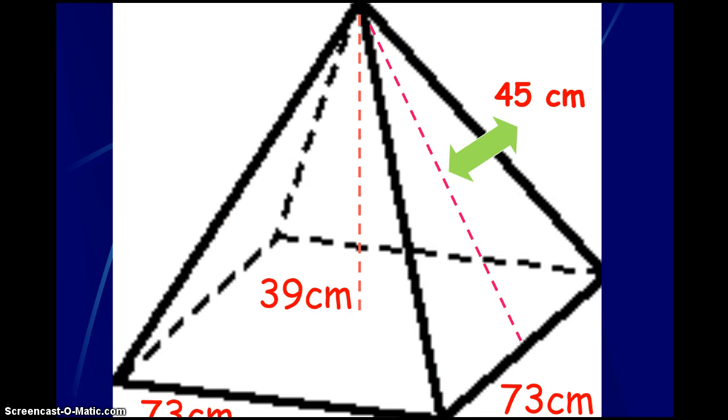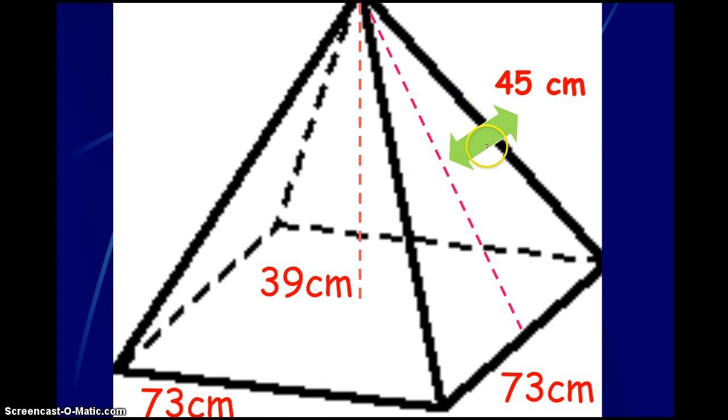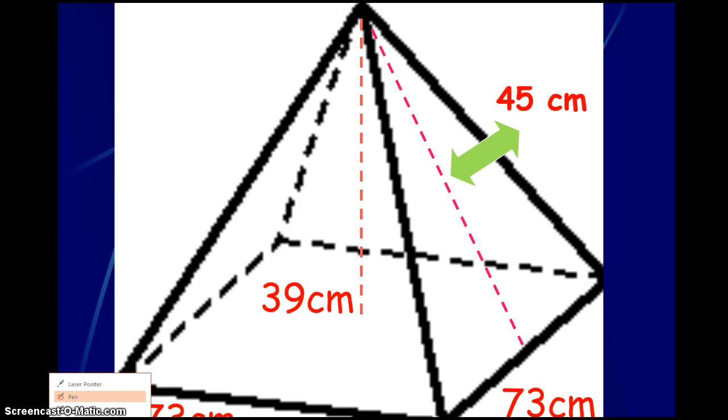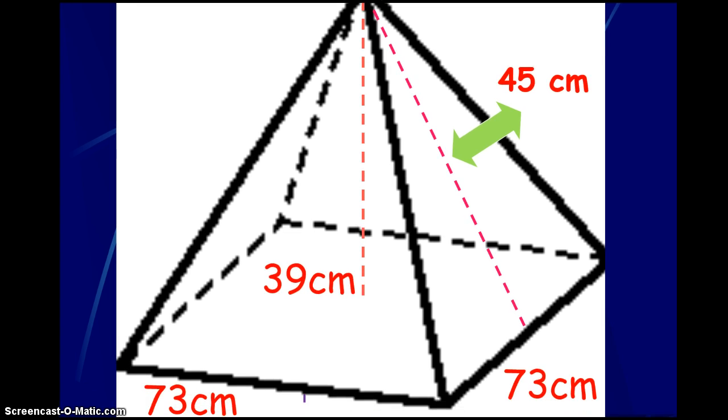So here is our first square pyramid. And if you'll notice, it has both a slant height and a height. Remember, we talked about for volume, since we're measuring the space inside, we are just interested in the height, not the slant height this time. I'm going to pull this down for you.